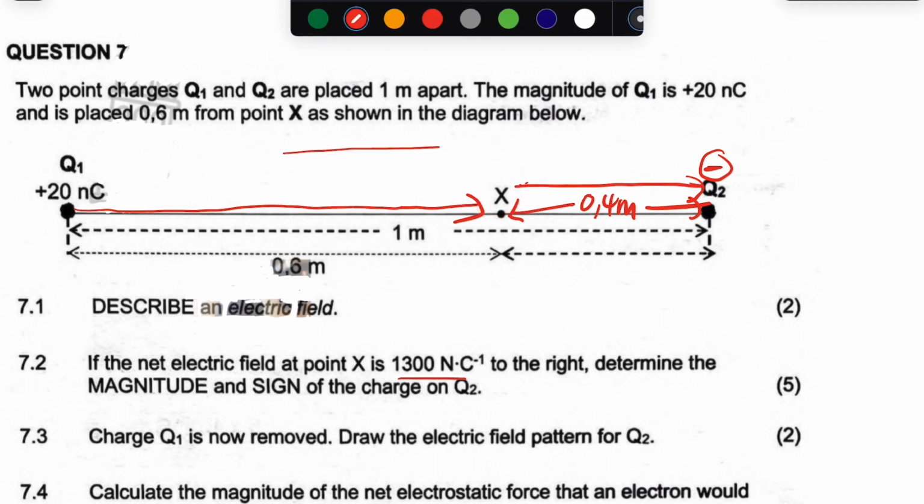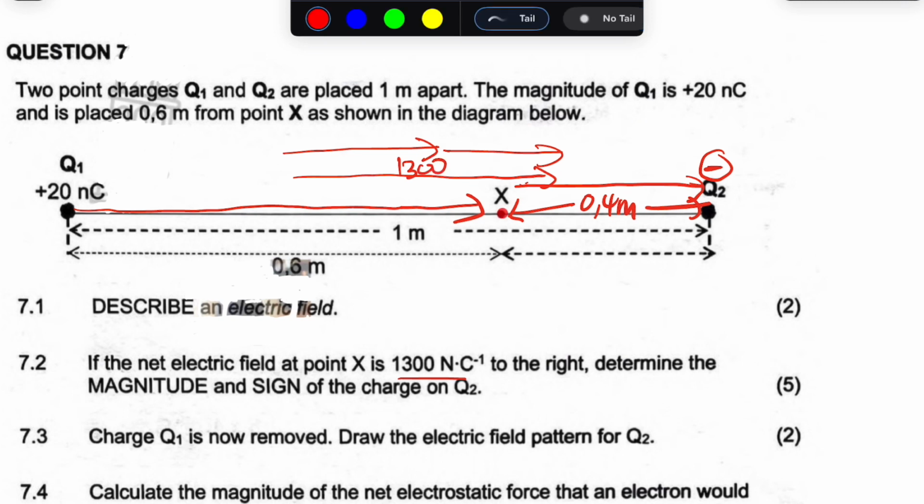So it's going to be that and that, which amounts to the bigger one, the 1300 that we were given, going to the right. And the electric field of Q2 on X is going to be bigger than the electric field of Q1 because of the distance. The shorter the distance, the greater the electric field, right?